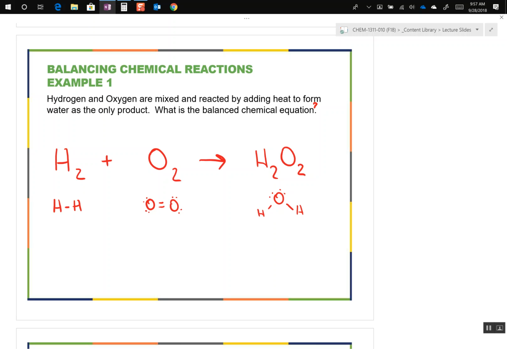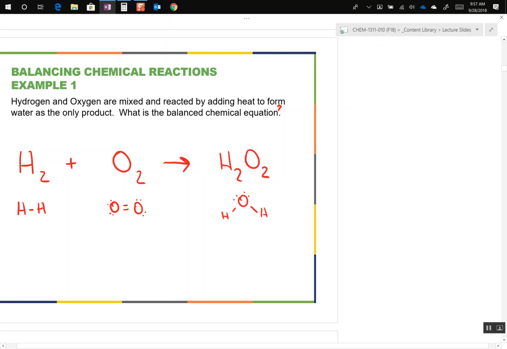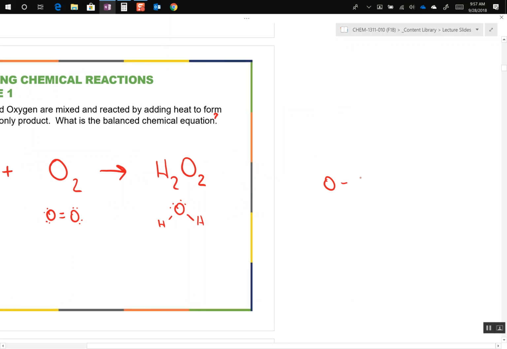I changed the compound. So here I was showing you the compound of water, right? That's not water anymore. It's hydrogen peroxide, right? That's not what I want. I don't want hydrogen peroxide. I want water.